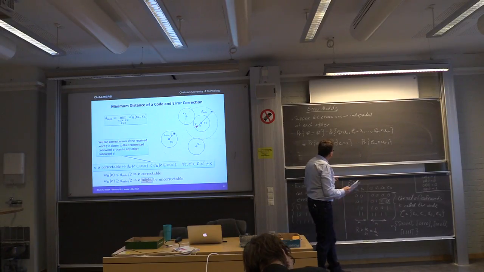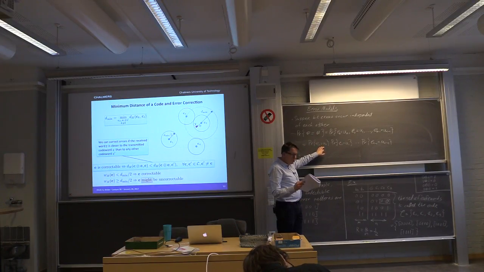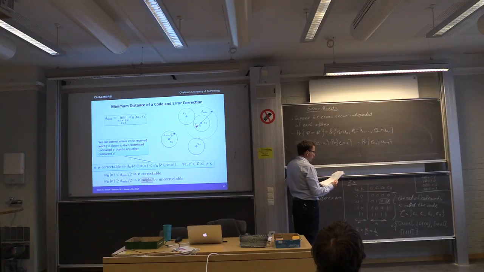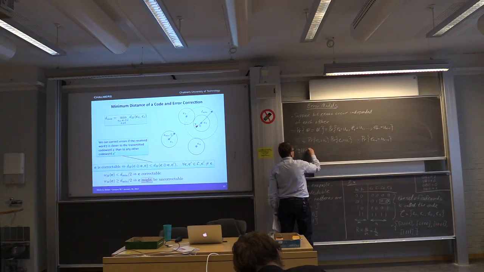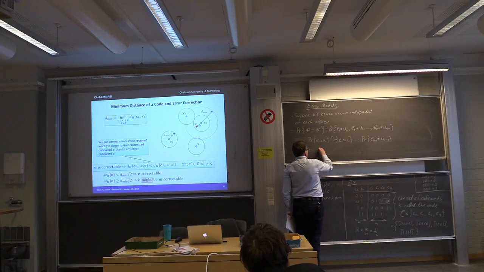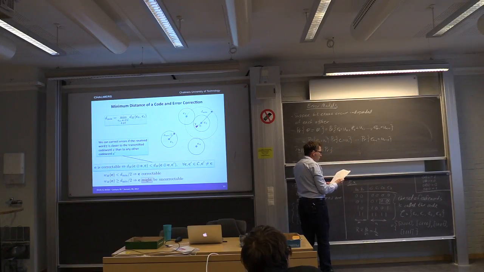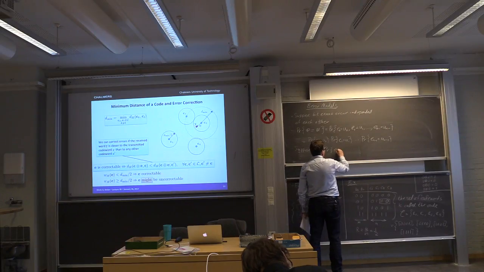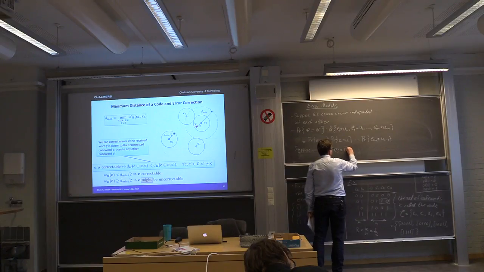So suppose now that the probability that we make an error is equal to P, and the probability that we don't make an error is 1 minus P. So P is the probability that an error Ej in the jth position is equal to 1.